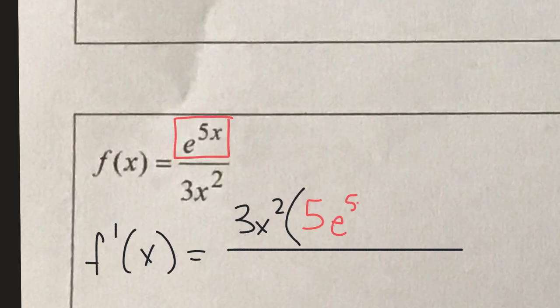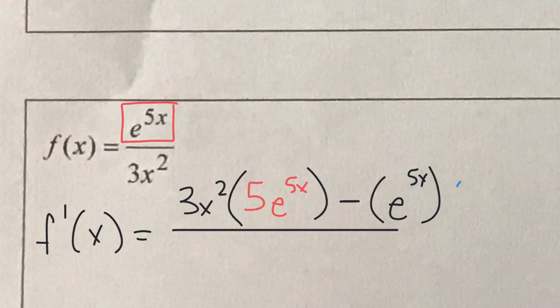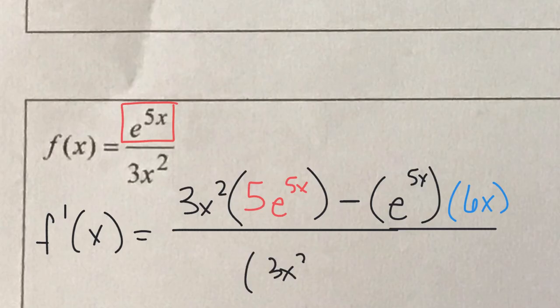That's 5 e to the 5x, because the 5 will eventually be in the back, e to the 5x times 5. So low d high minus, there's the bell, e to the 5x times, what's the derivative of 3x squared? 6x. All over 3x squared, squared.